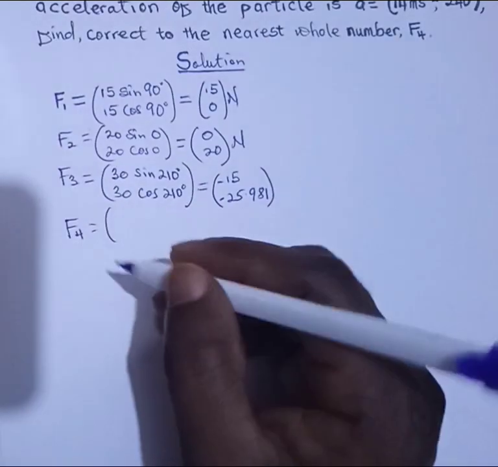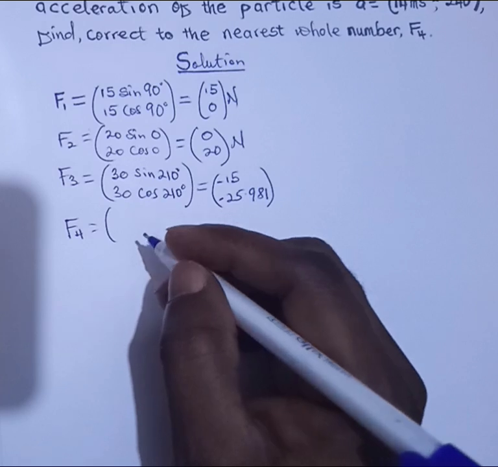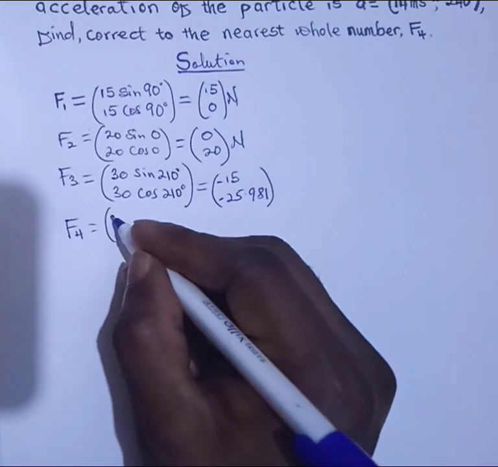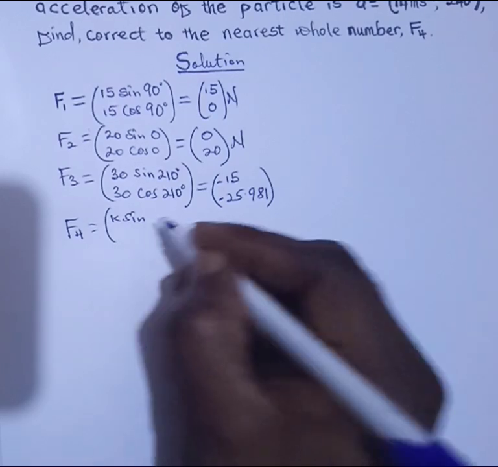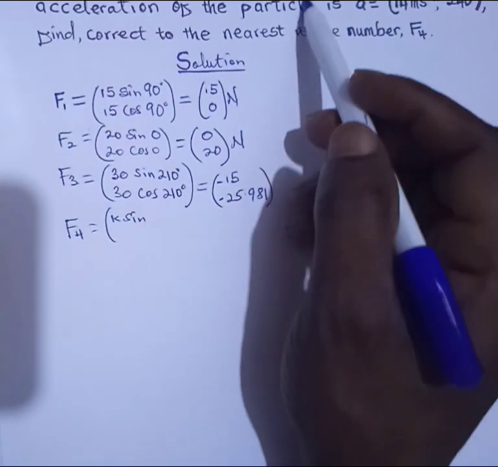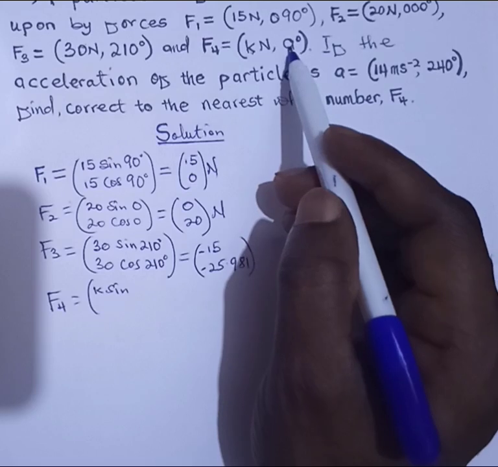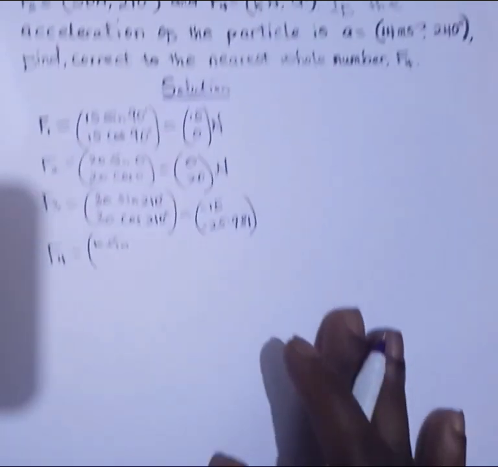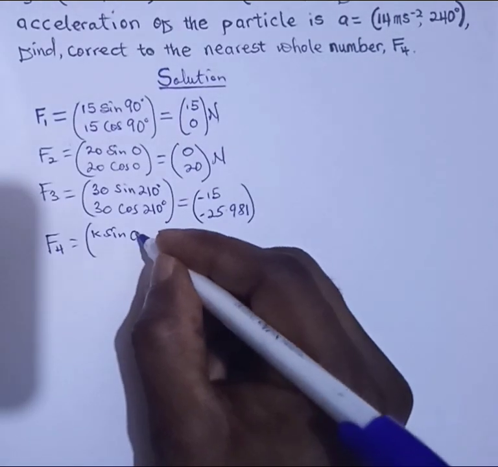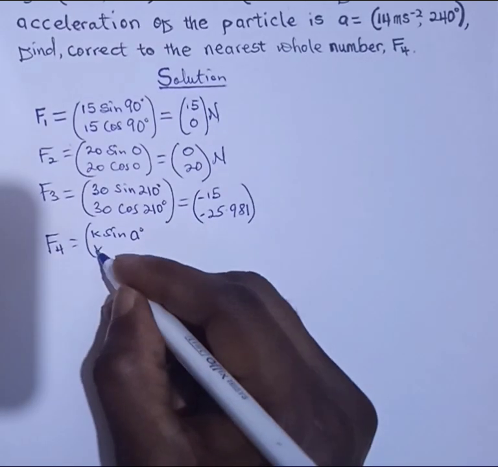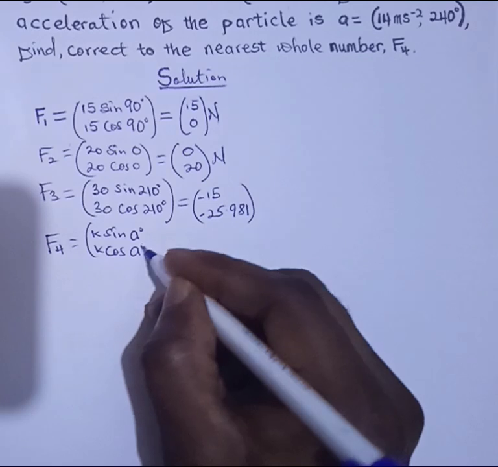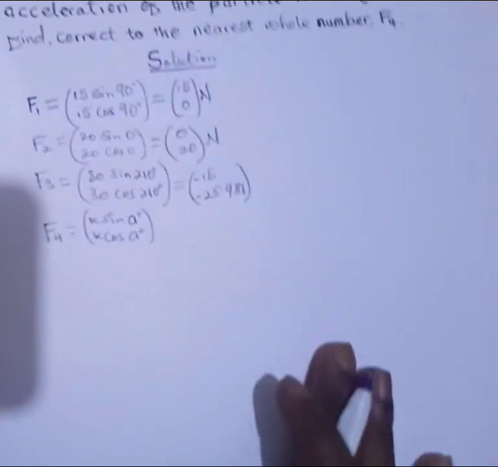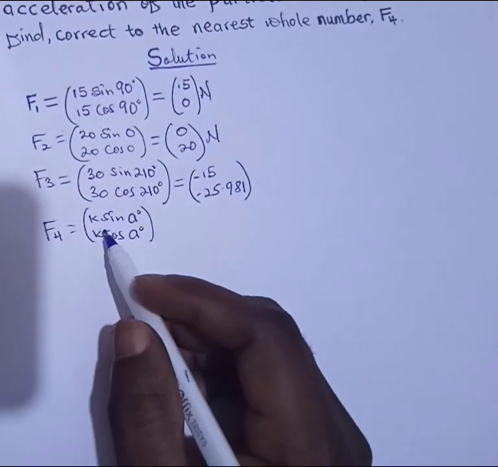So we have K sine, then what is the direction? The direction given is A degrees. So I'll put my A degrees here, and then K cos A degrees. Good. So if you resolve this, this is what we are going to get.